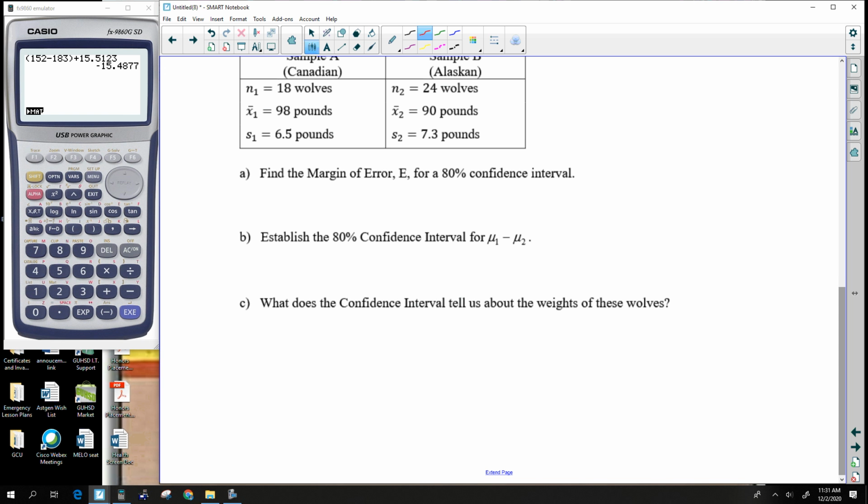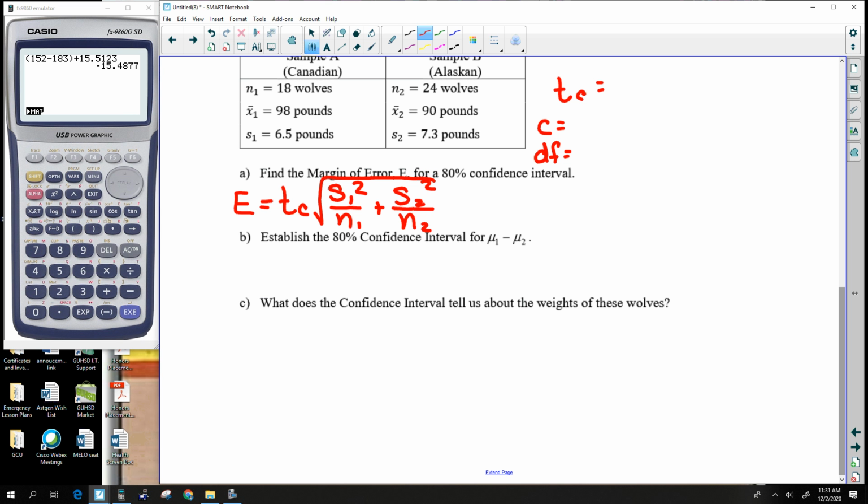Okay, here again we have another confidence interval, but this one, our standard deviation is an s, a sample standard deviation. So our margin of error formula is going to change up just a little bit. So it obviously involves s's, not sigmas, but it requires a tc for this. So a tc requires a confidence and a degree of freedom.